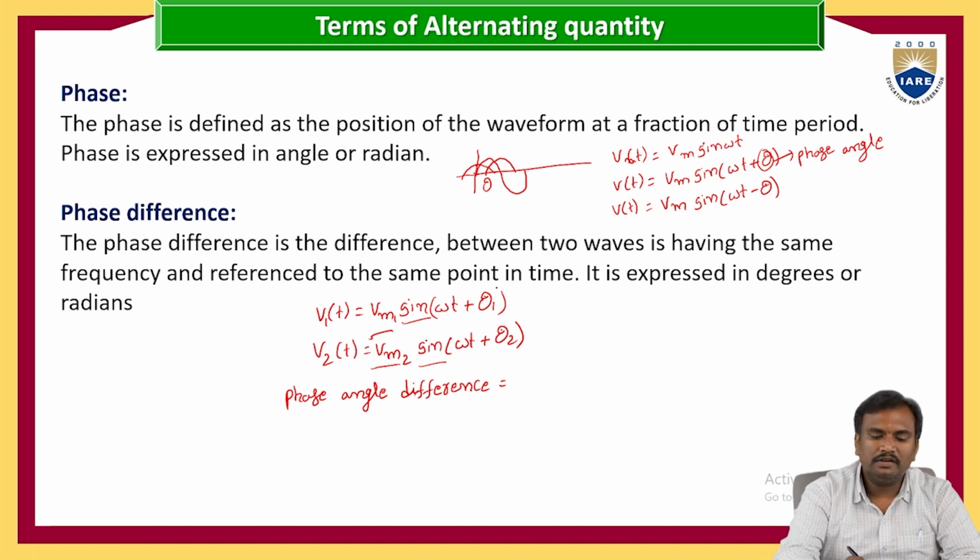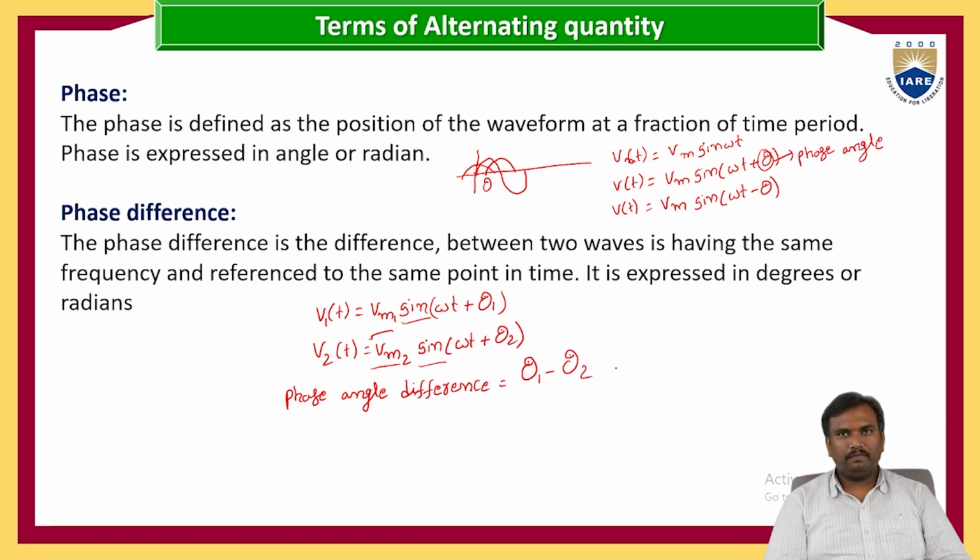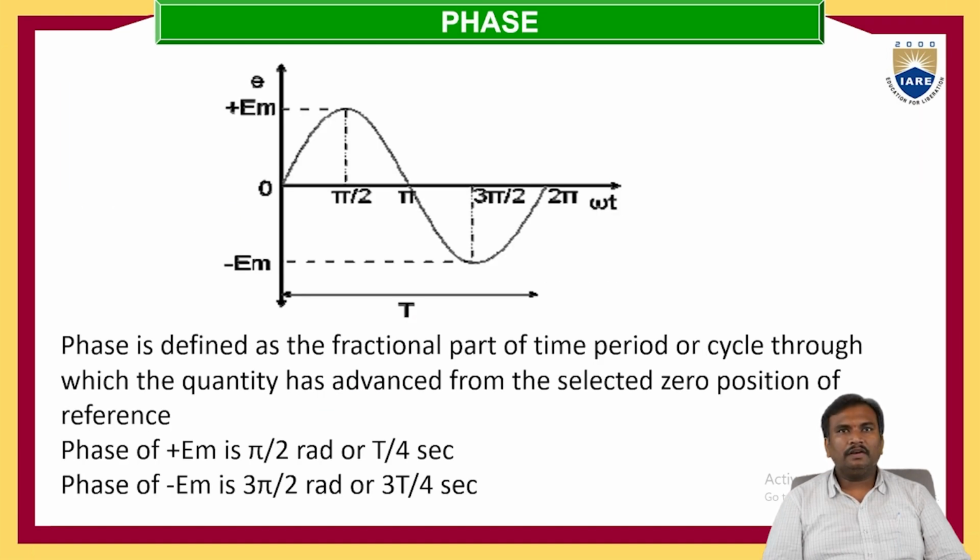That is, if Vm1 is positive, Vm2 is positive, and we have a sine function in both, then the phase angle difference is the difference between the phase angles, that is theta 1 minus theta 2. And here is the representation of phase for a sine wave.